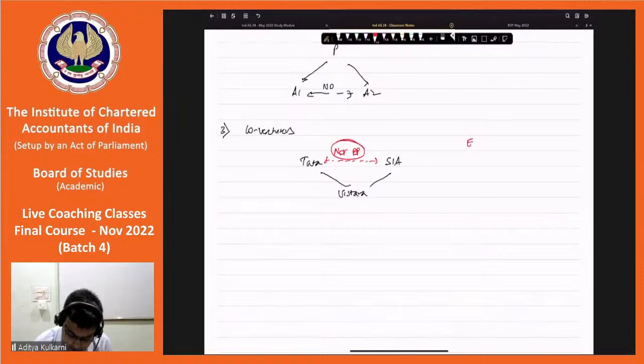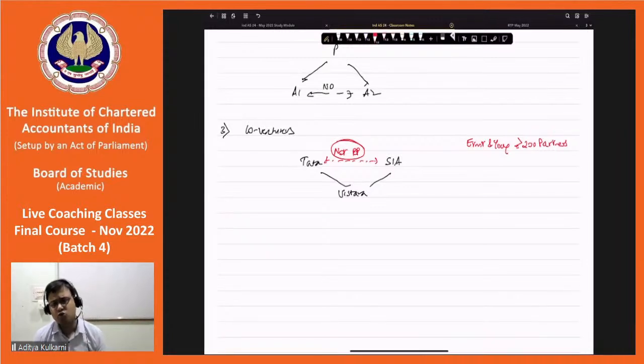Ernst and Young has more than 200 partners. Do you think the partners are related to each other? Forget Ernst and Young. If you are working in a small size CA firm with 2 partners, 5 partners, 10 partners, do you think the partners are related to each other?